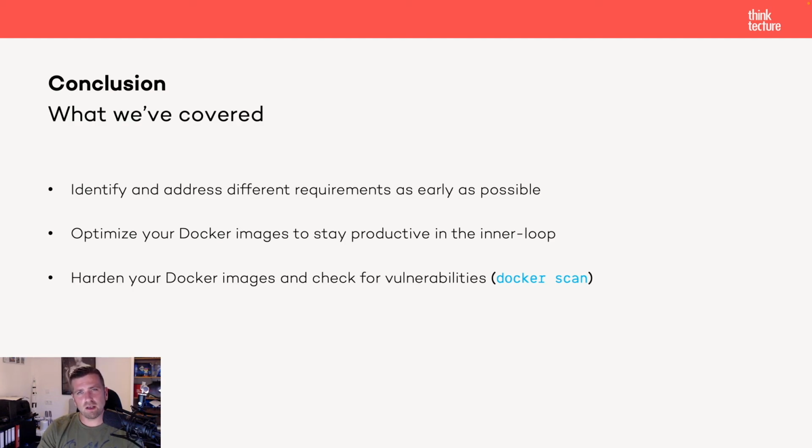But no matter what you do, no matter which requirements you address, always harden your Docker images and always check them for vulnerabilities. We have great tooling in place to address what's called shift left security, so that we as developers can also take the responsibility to build secure and safe Docker images.